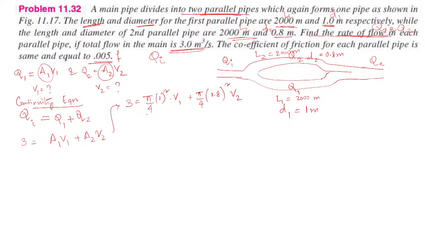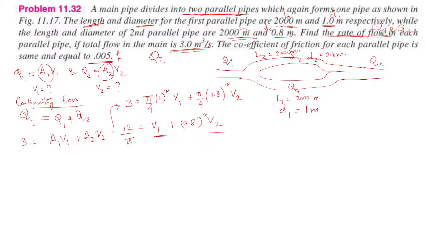So V1 plus 0.8 squared V2 becomes 12 by pi. So basically I have two unknowns, V1 and V2. Now how do we obtain V1 and V2?